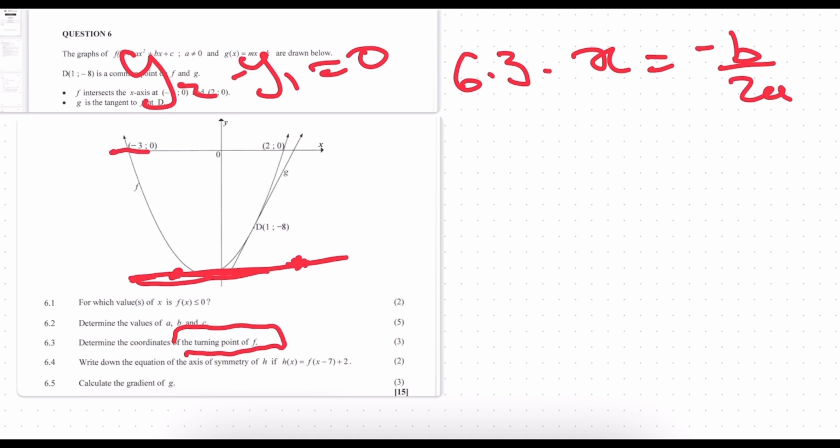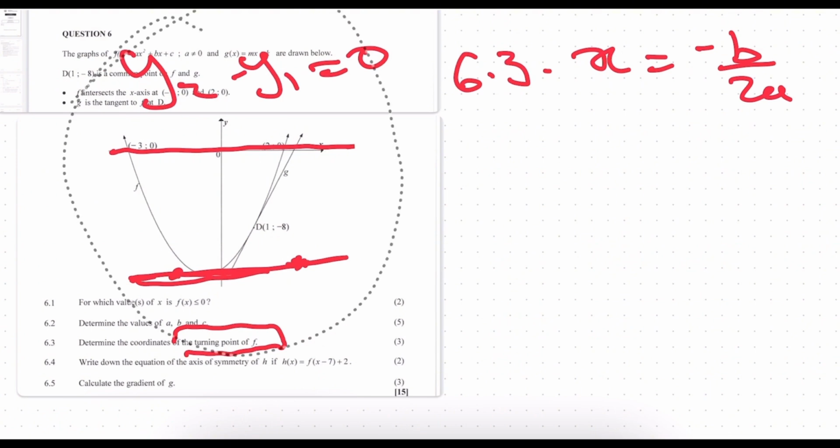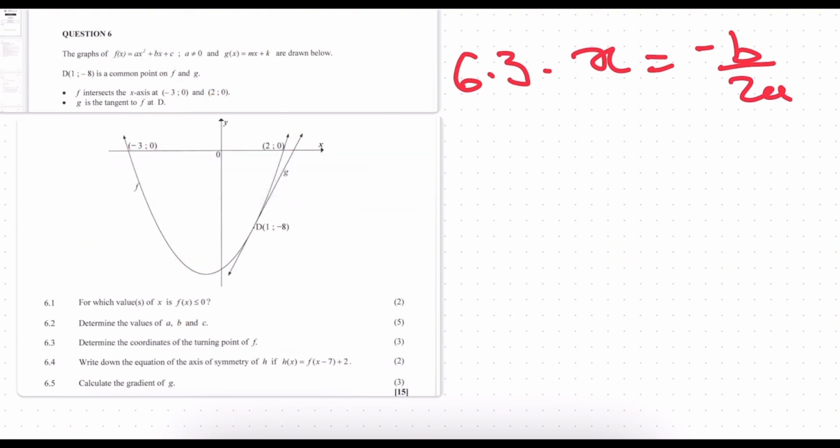The y value doesn't change in a horizontal line. I'm saying that so you are aware that at the turning point, the gradient is 0, because the tangent is a horizontal line here, with a constant y value. Unlike here, the gradient is not 0 because the tangent is not a horizontal line, right? Okay.